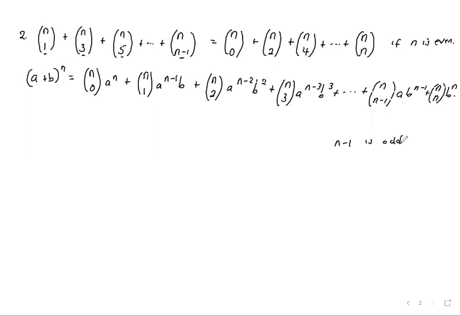An even number, for example, 4. 4 minus 1 is 3. 3 is odd. So you have n even, n minus 1 will be odd. If you have 6, then 6 minus 1 is 5. 5 is odd.